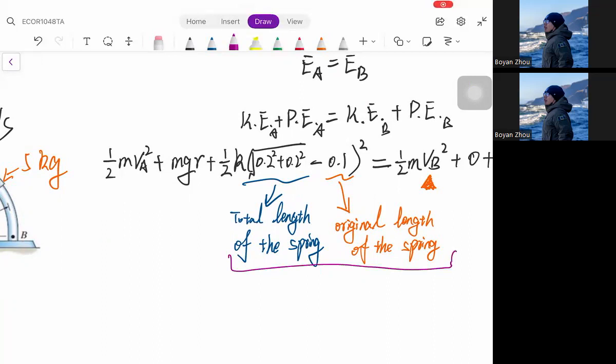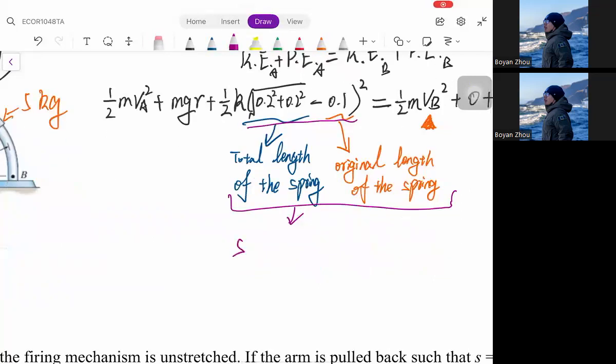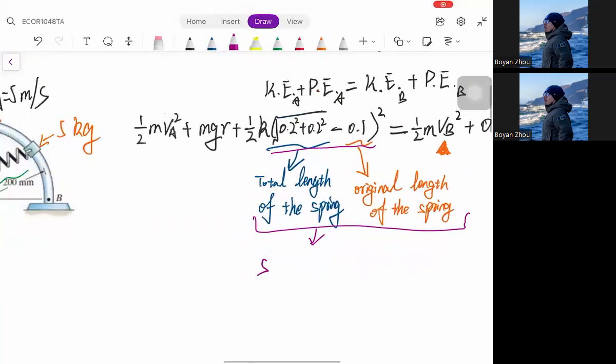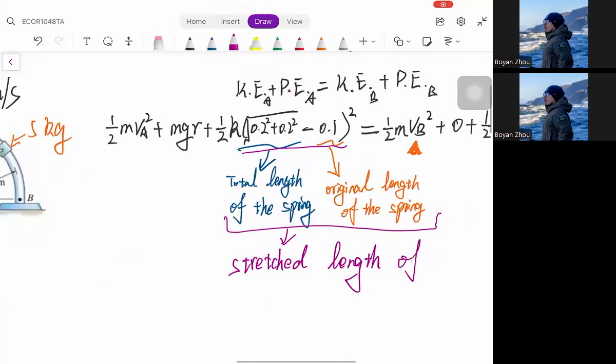So the expression inside this bracket will be the stretched length of the spring.